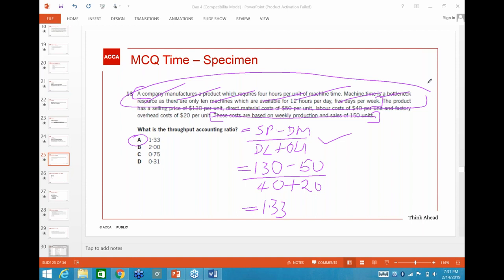Right. So there seems to be a question. What does broadly throughput mean?